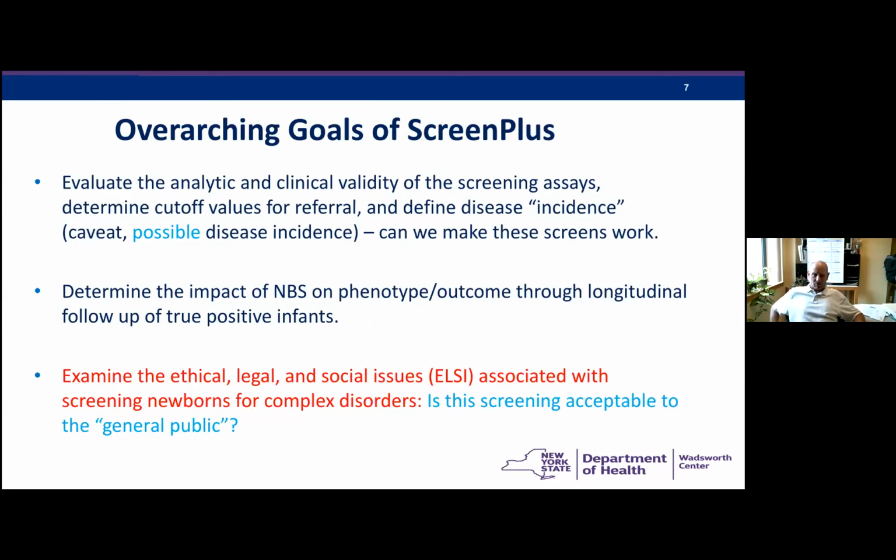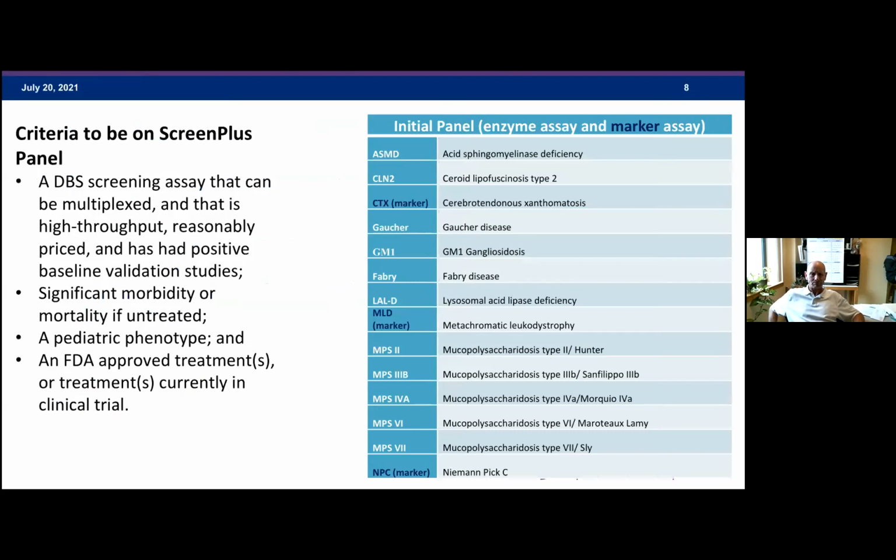We're also able to look at third tier genotyping along with the second tier biochemical testing, and I'll show you a slide that shows some of the things we're looking at there. And the big thing here that's really new and interesting is just examining the ethical, legal, and social issues. Is the screening acceptable to the general public, and getting a better feel for that, providing that kind of information. Next slide.